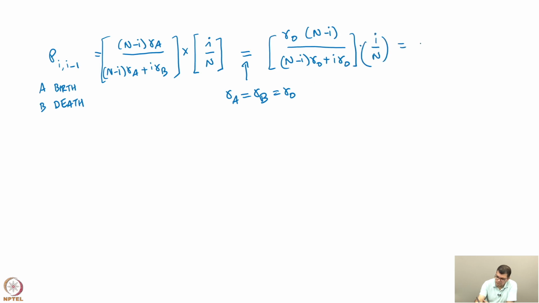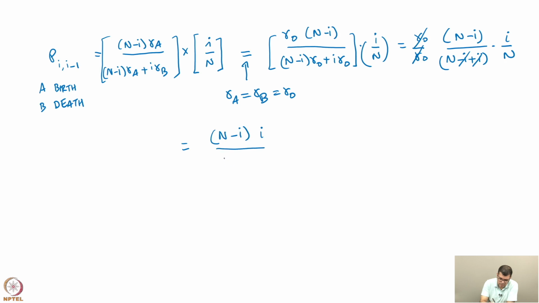I can take R naught common from the denominator and I get n minus I divided by n minus I plus I, times I by n. These R naught will cancel and I get an expression n minus I times I divided by n square. That is the probability in the neutral case of transitioning from I to I minus 1.